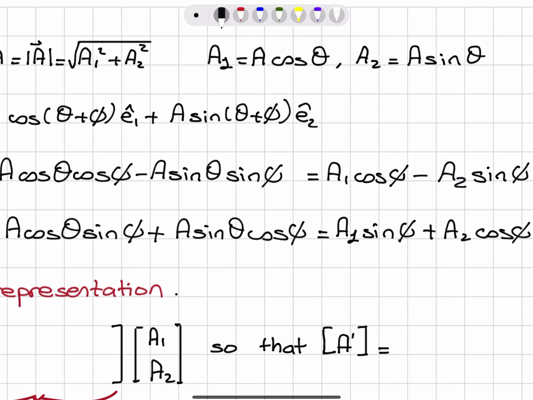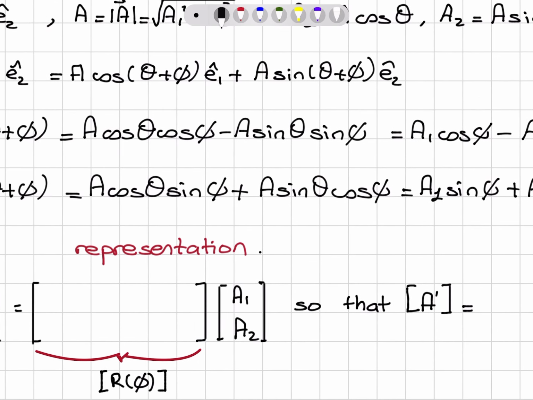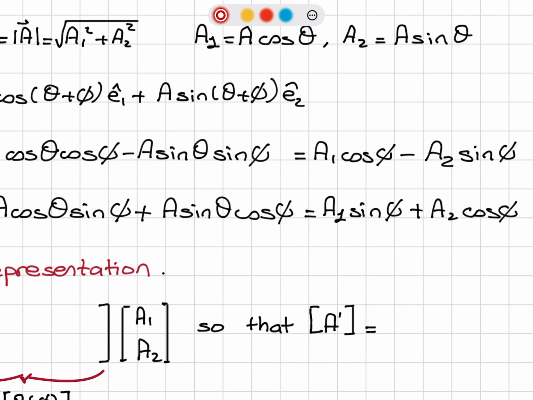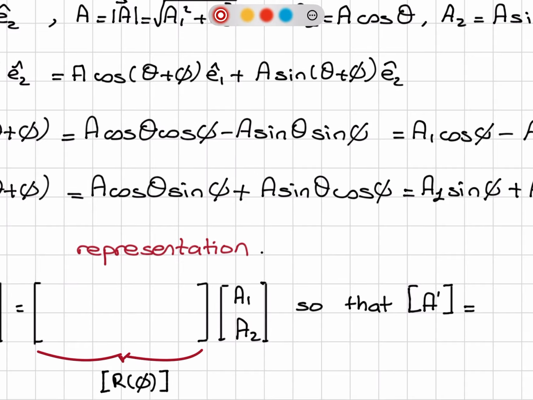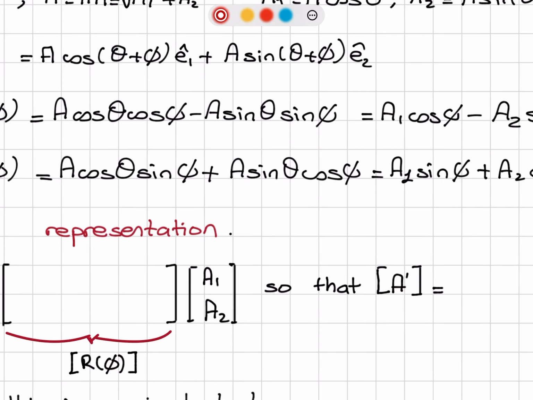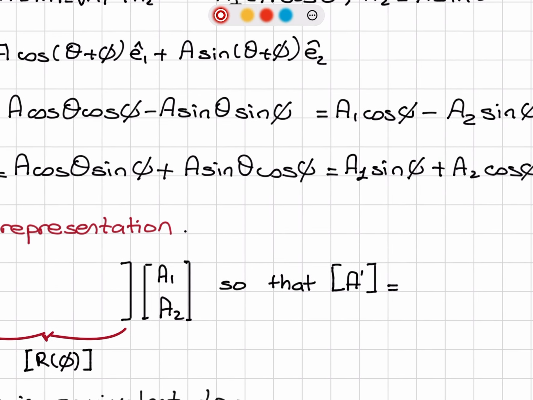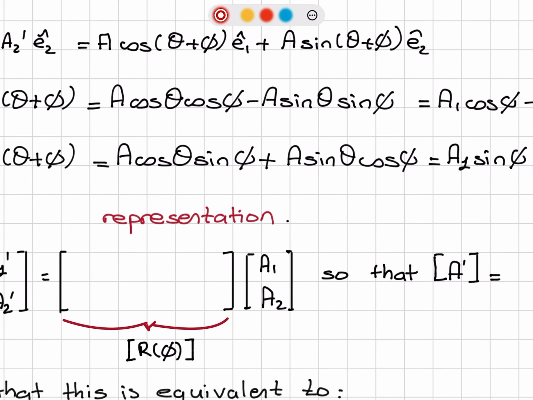Now, using the matrix representation, I can write the components A1 prime and A2 prime in terms of A1 and A2. So matrix A has this matrix representation A1, A2, and matrix A prime has this matrix representation A1 prime, A2 prime. A1 prime is A1 times cosine phi minus A2 times sine phi.